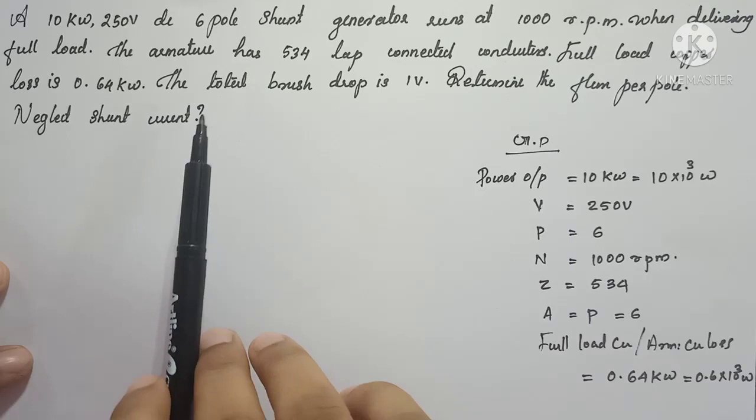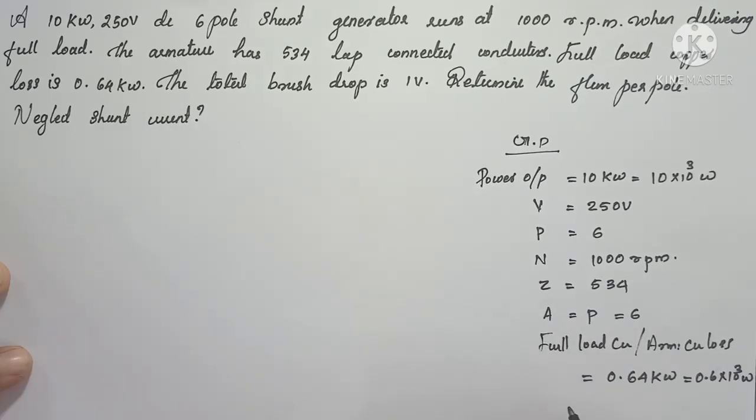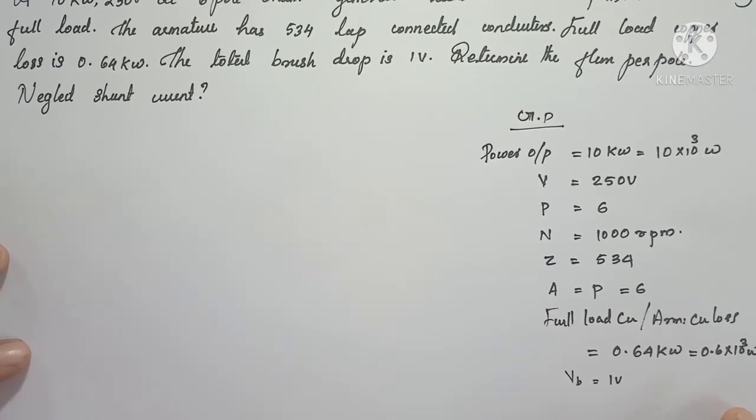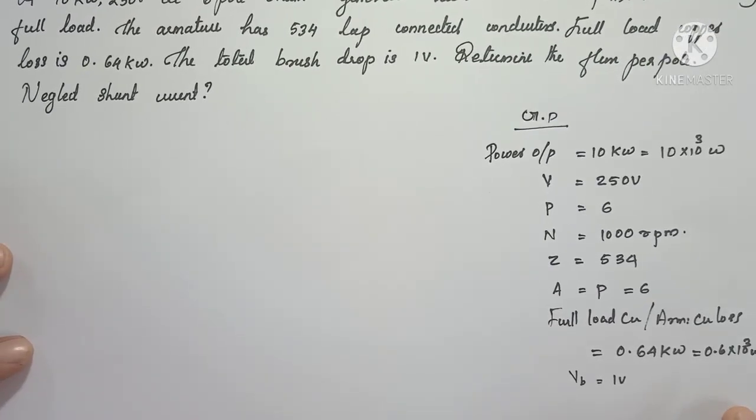Then total brush drop is 1 volt, so VB is 1 volt, and we need to find the flux per pole. Neglect the shunt currents. Okay, these are the major data which are given in the problem.